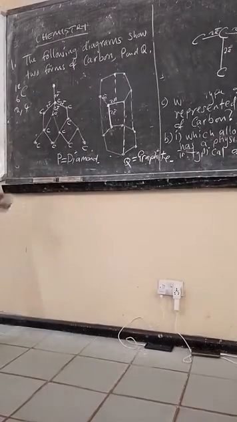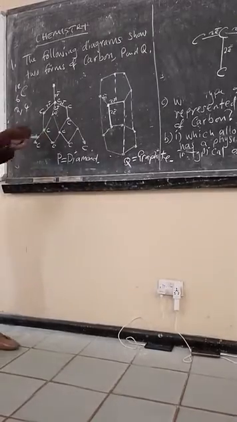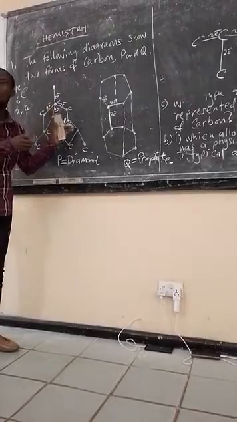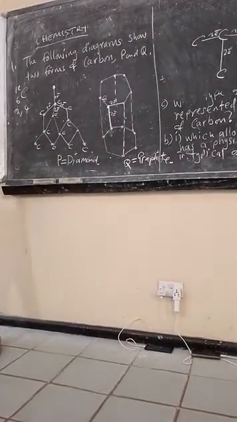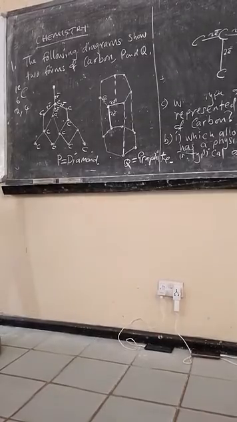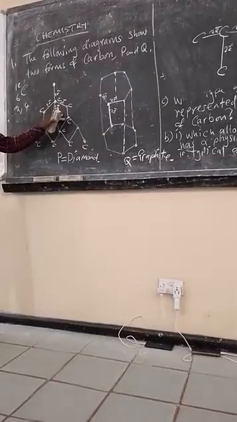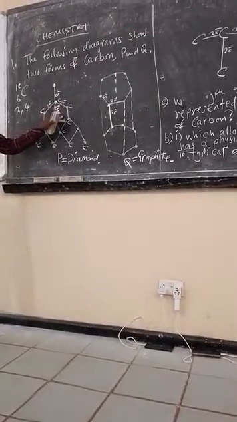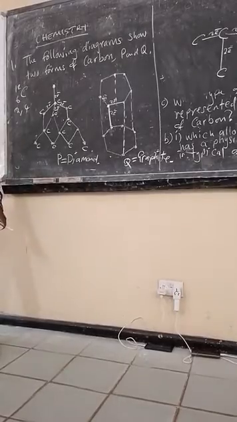Even those drilling machines, the part which drills is made up of diamond, because it's very strong. Are we together? So another use of diamond is the making of rings. You can include that as a use of diamond.